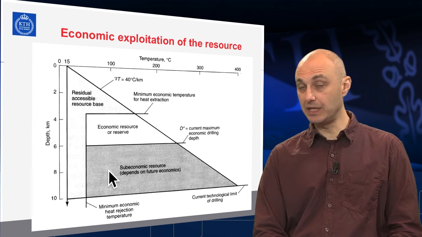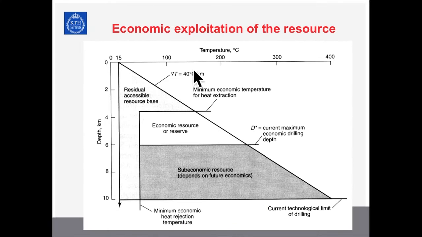In general terms, please look at this picture. It is believed that approximately 40 degrees Celsius growth of temperature with depth, per kilometer of depth, is feasible for practical exploration. It is not possible to drill very deep.